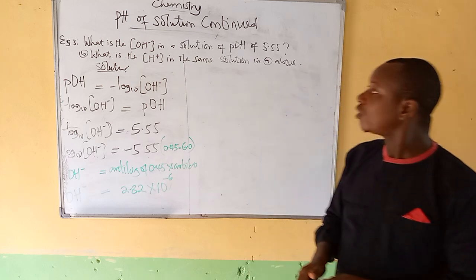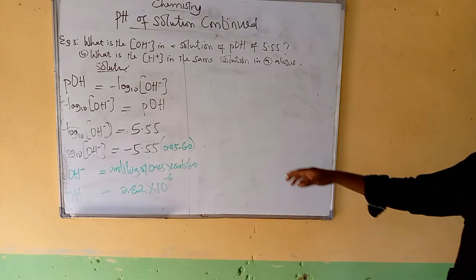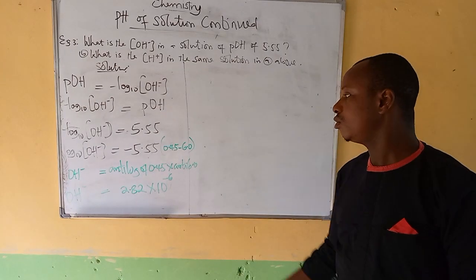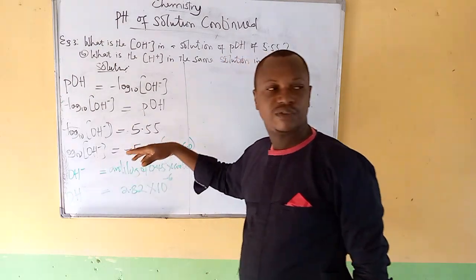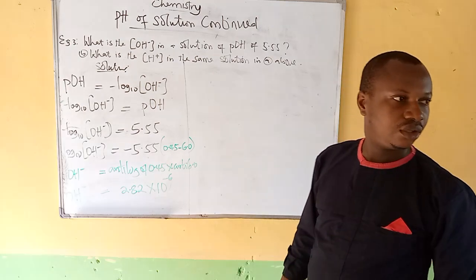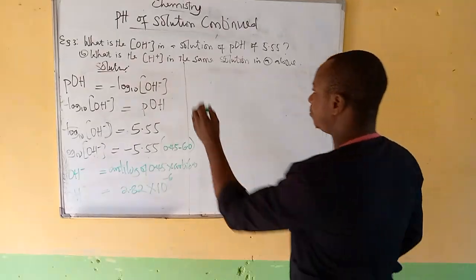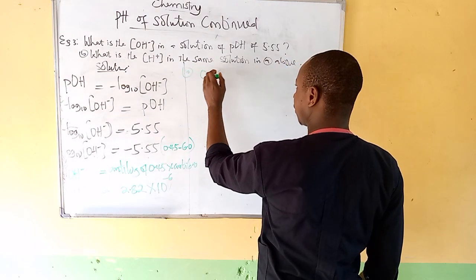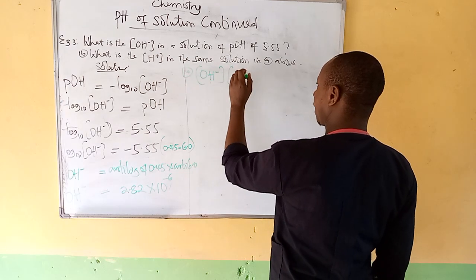Remember that the B part of the question reads, what is the hydrogen ion concentration in the same solution? Since we have gotten the OH, they now ask us to find the H. So remember a formula that we listed. Did you remember this formula that we listed?